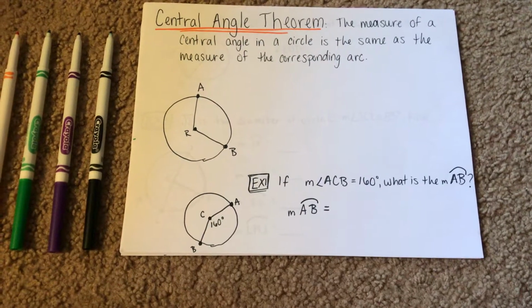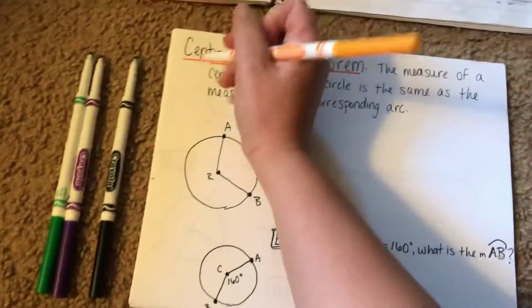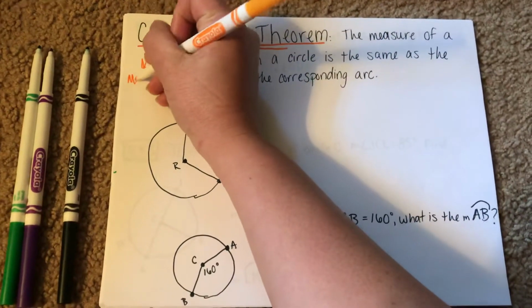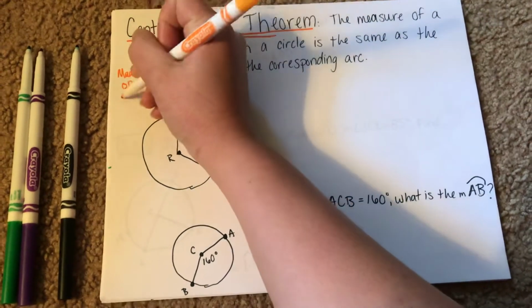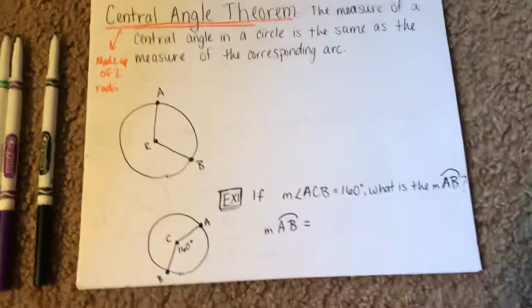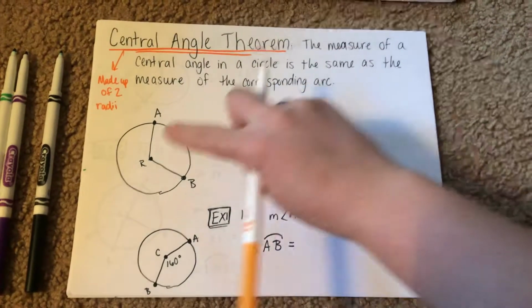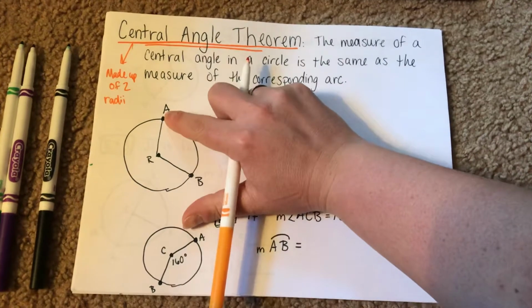So starting first, we should talk about what is a central angle. A central angle is an angle that's made up of two radii or radiuses. And what is a radius? Great question. A radius is a line segment that goes from the center of the circle to the edge of the circle.